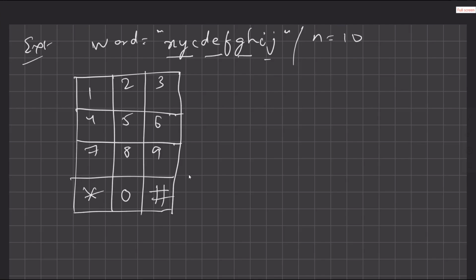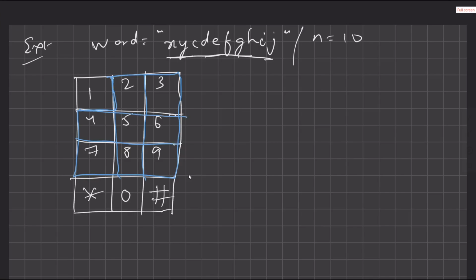One thing to note is that in the word string, you don't have any repeated characters as said in the question. All the characters are unique. So if characters are unique, now let me mark with another color. These are the cells that we are going to fill the characters, and other cells will not be touched.